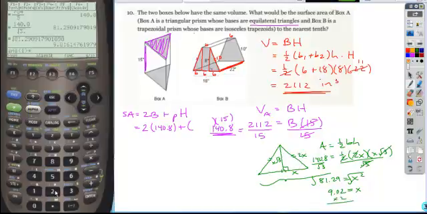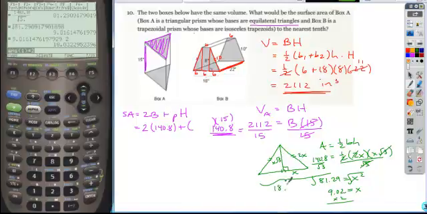That gives me the whole measure of each side, about 18.03. How many of those sides form the perimeter of that triangle? We multiply this by 3, and about 54.1 is the perimeter of that shape.